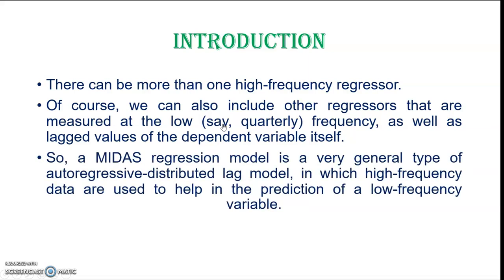So, a MIDAS regression model is a very general type of autoregressive distributed lag model in which high frequency data are used to help in the prediction of a low frequency variable.